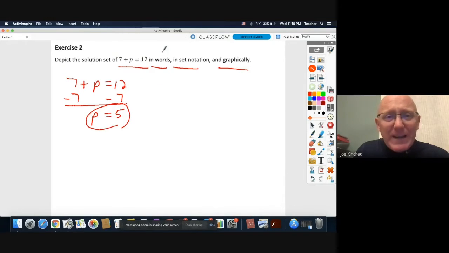How do we write it in words, in set notation, and as a graph? Well, let's change the color, and this is how we would write it.